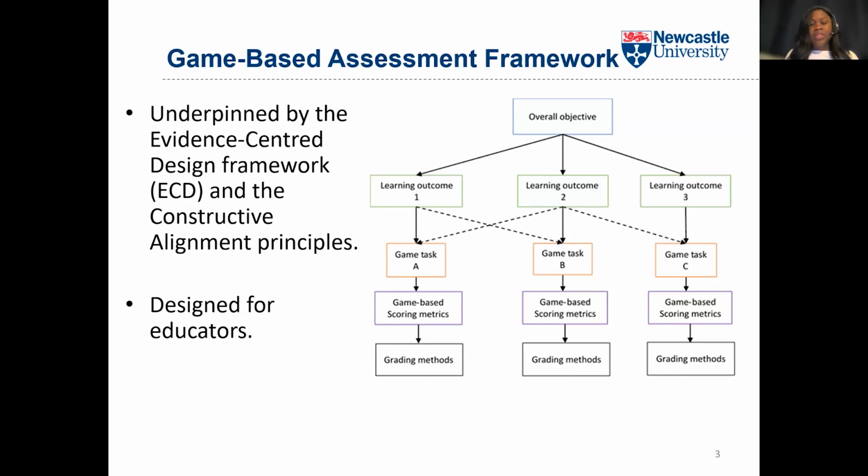And because many of the games have different tasks or levels, this would also mean that different scoring metrics, which are a product of game metrics, would be used to measure whatever learning outcomes are specified. And then there is a grading method that would also be used to curate the data collected by the scoring metrics.